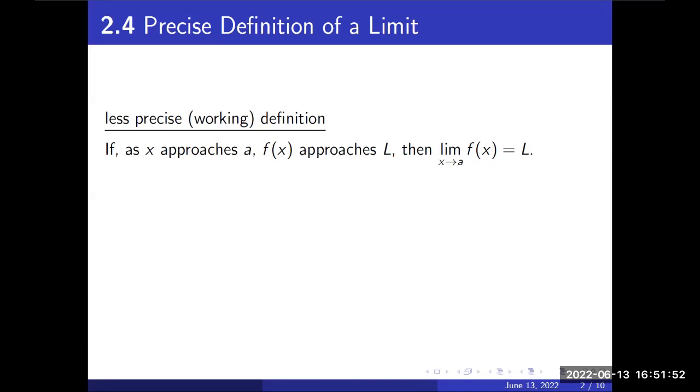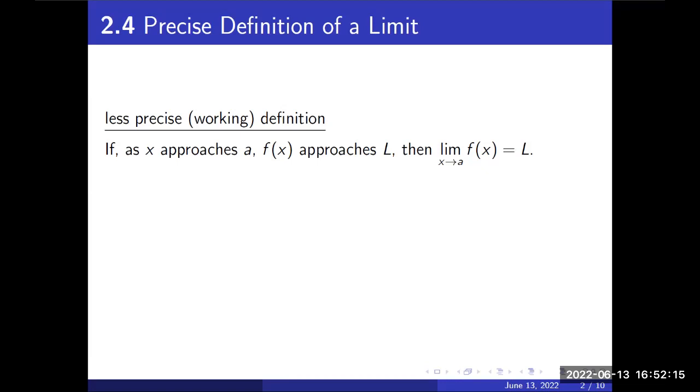Why is this not precise? It's because of that word approach or approaches, the very word which makes a limit what it is. It doesn't matter what's happening at the value itself. It matters what's happening as we are approaching that value, as x approaches a, as f of x approaches L.